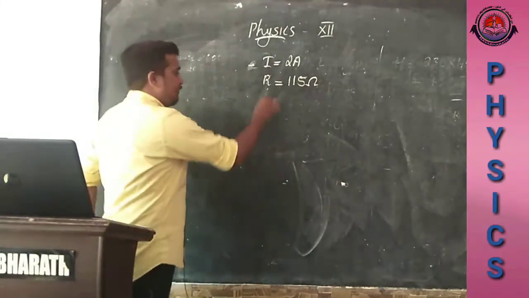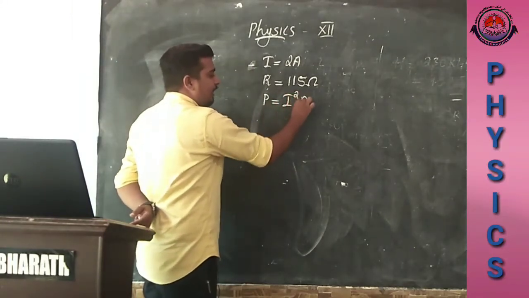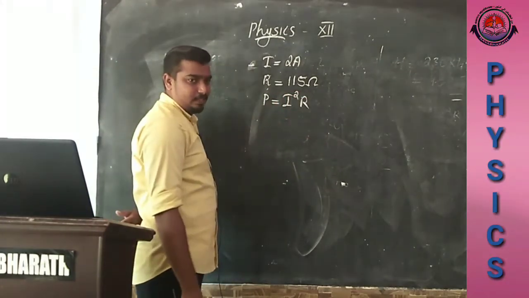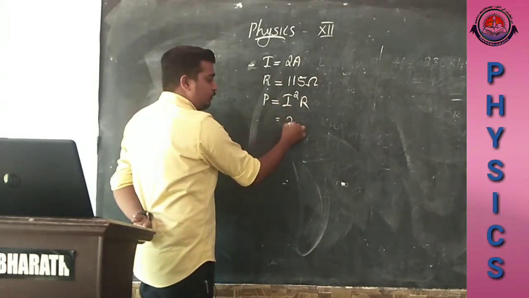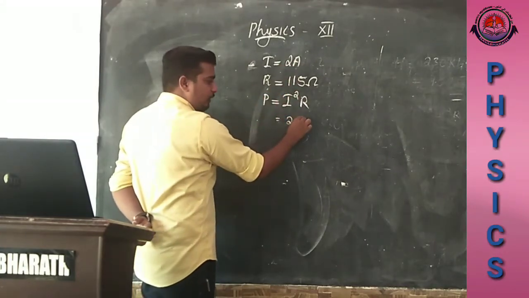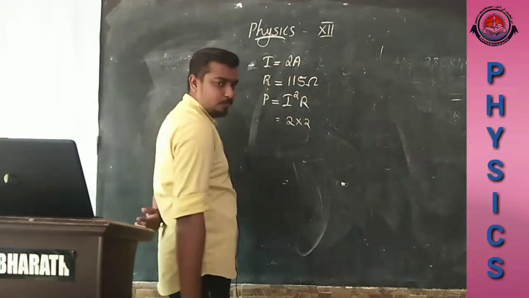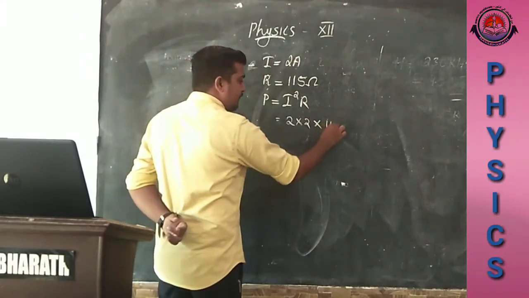Here we use the equation P equal to I square R. Substituting the values, I equal to 2, that is 2 square into R, that is 2 into 2 into 115.